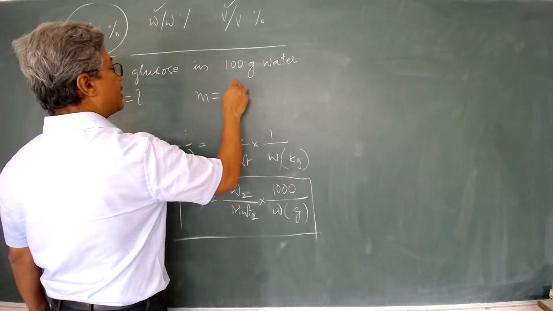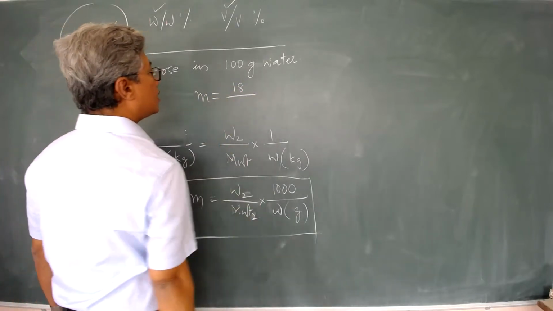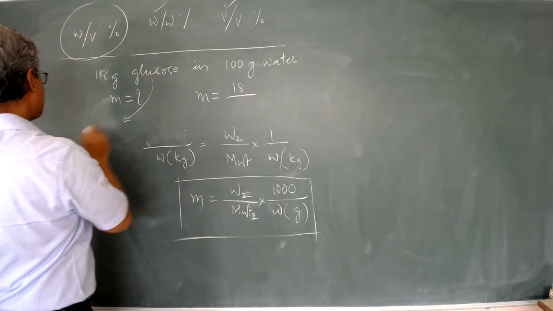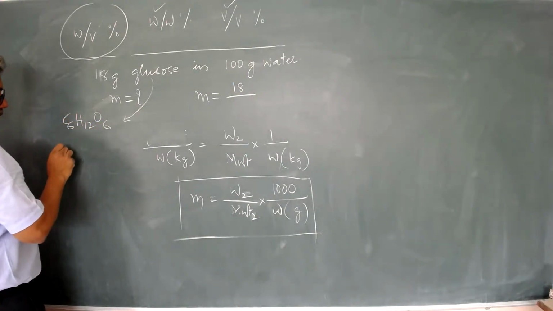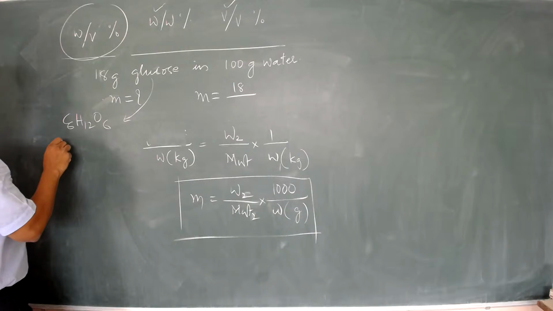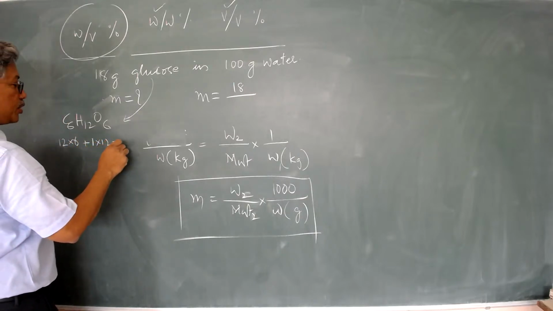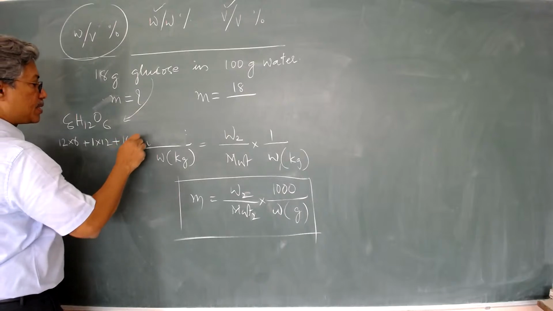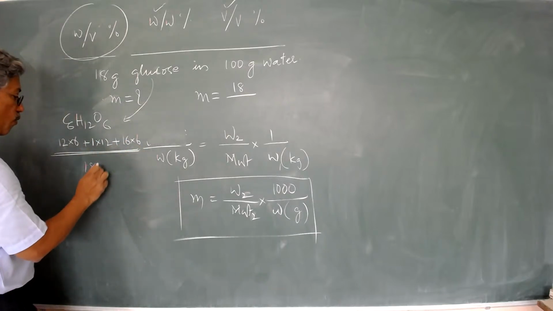That means weight is how much? 18, divided by the molecular weight of glucose. Glucose is C6H12O6. See, this is 12 into 6 for carbon, plus 1 into 12 for hydrogen, plus 16 into 6 for oxygen. If you add all these, you get 180.